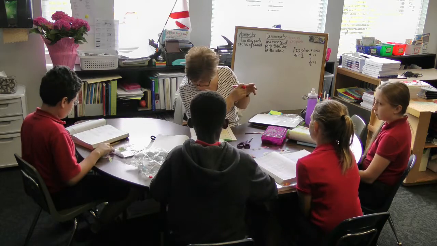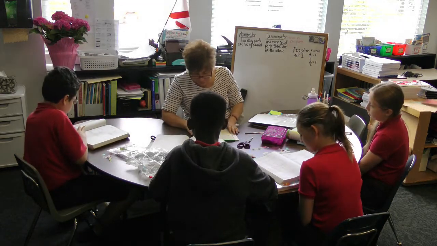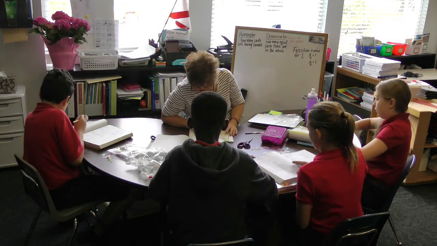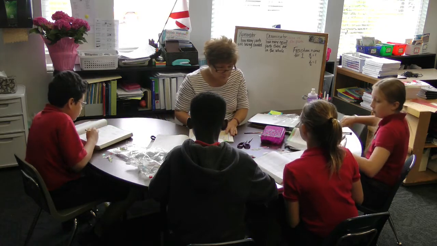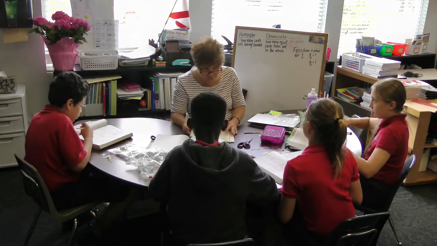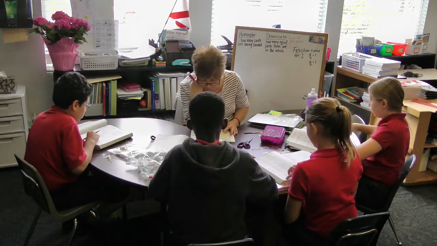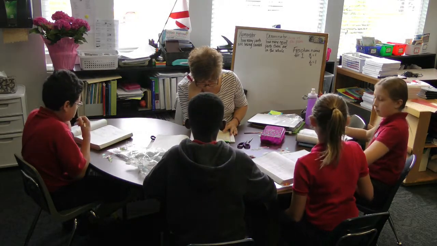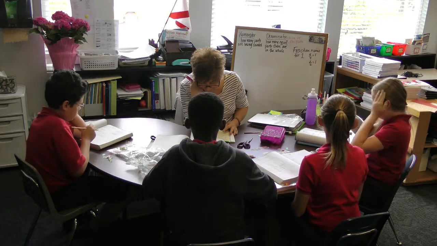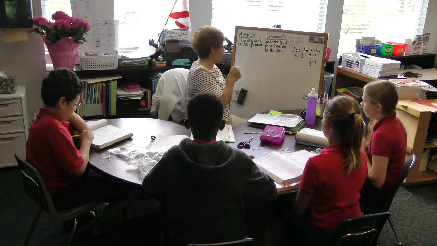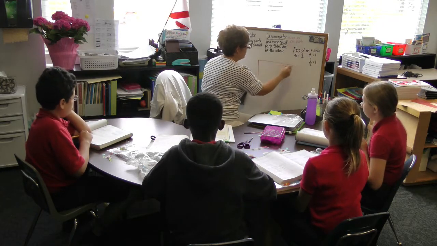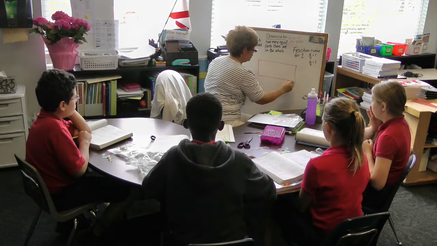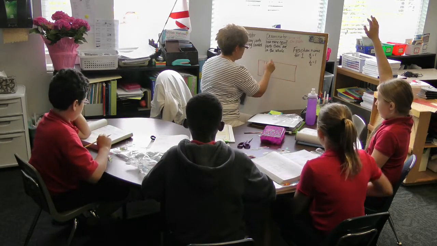Okay? So if you look on page 229, there are models there. You will see 2 models, and the first model is shaded in. What fraction are they naming in that? Can you tell me the fraction shown in that first model?